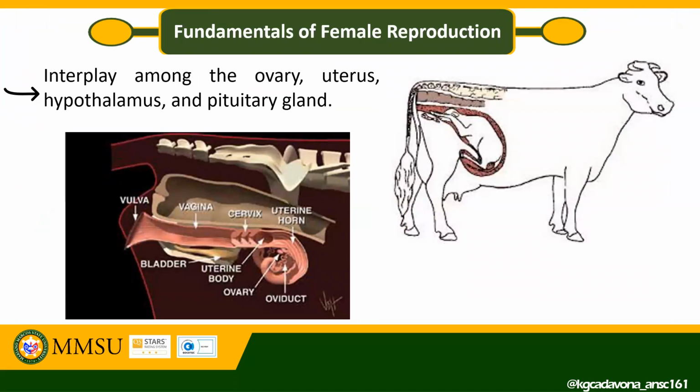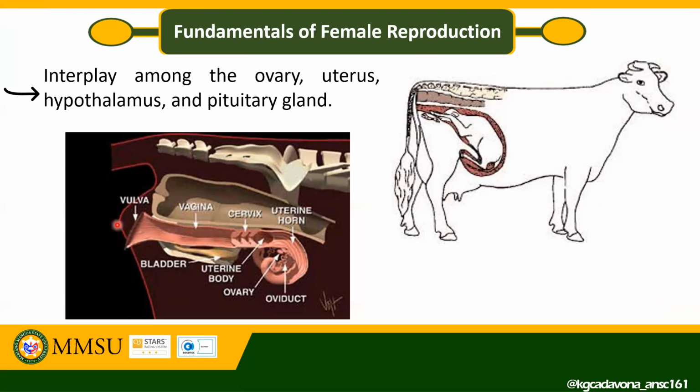So understanding the reproductive function first requires an understanding of the female reproductive anatomy, as shown in the upper right corner. This is the position of the reproductive tract in a dairy cow, and on this side is the visualization of the reproductive tract of the cow with the bladder beneath, and then the rectum and large intestine above.